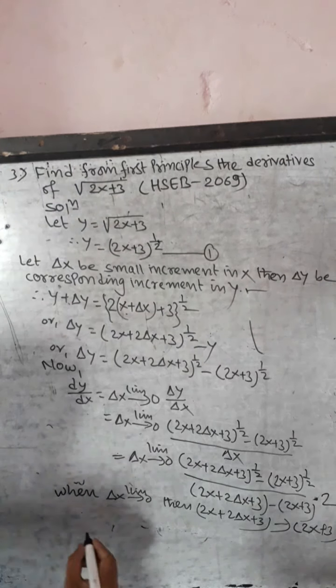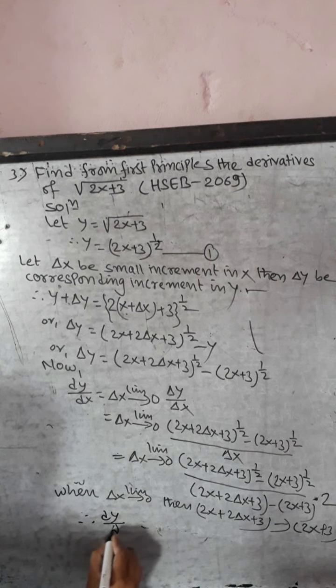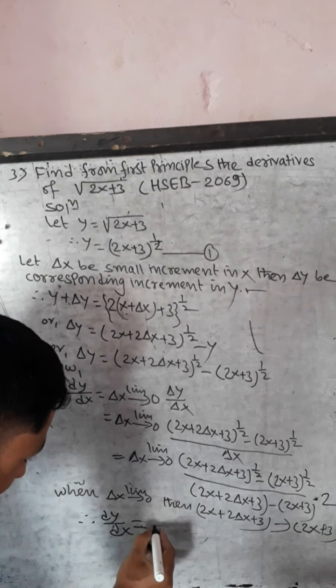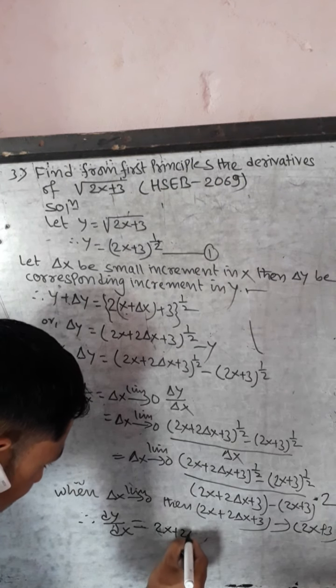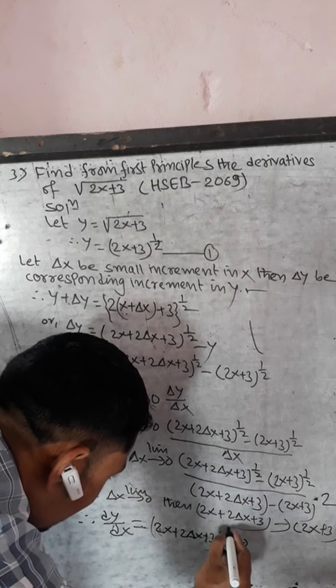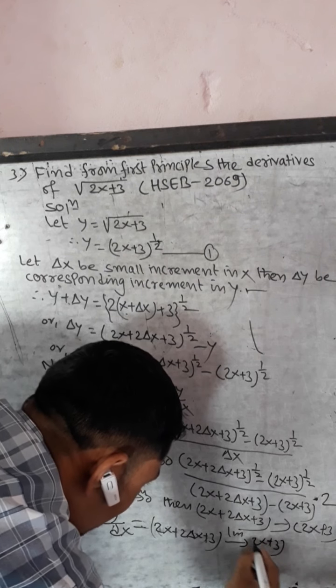So therefore dy by dx is equal to, now in place of this one you can write 2x plus 2 del x plus 3. Now I have changed the limit, 2x plus 3.